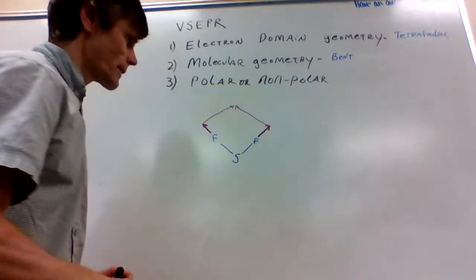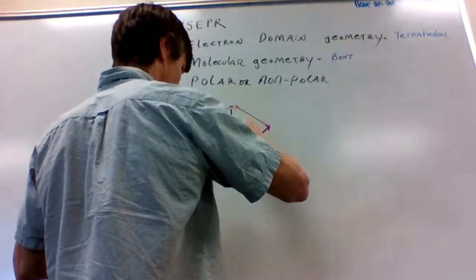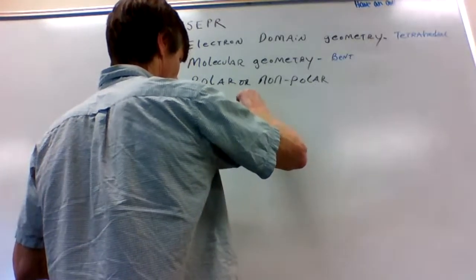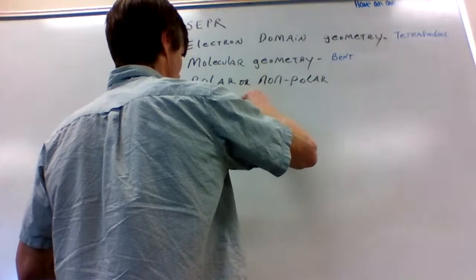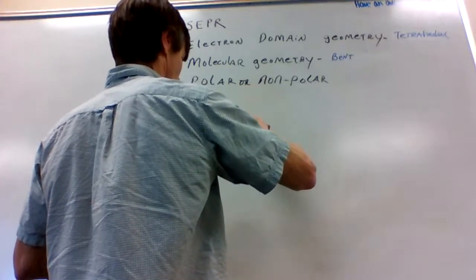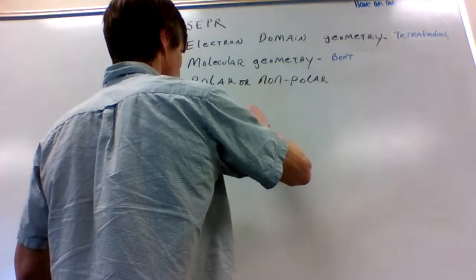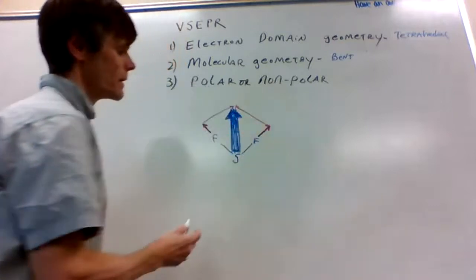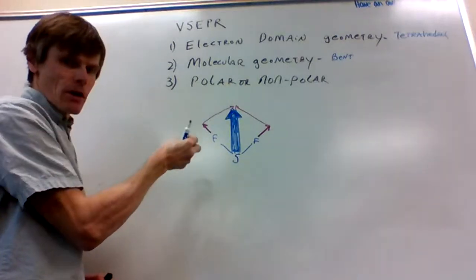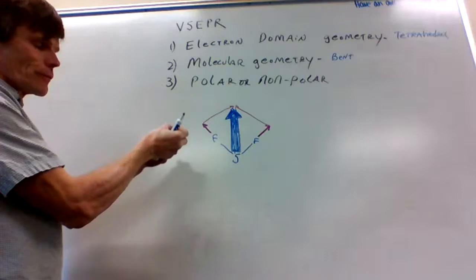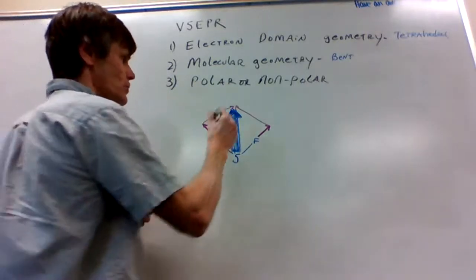You don't need to do this on an exam, but just in case you were wondering where this comes from, now, what this tells us is that the differences in electronegativity point in a region above the sulfur atom because the electronegativity of the fluorine is so great that it pulls electron density in that direction.